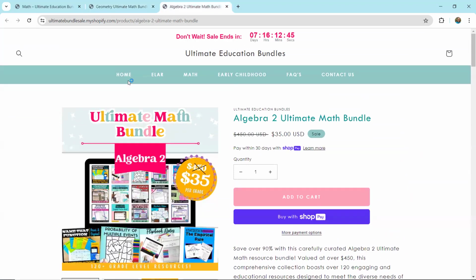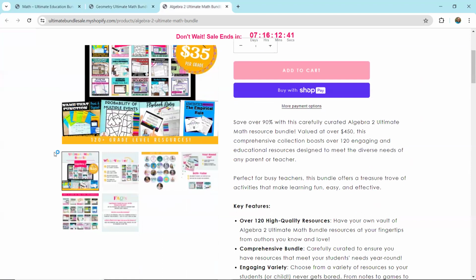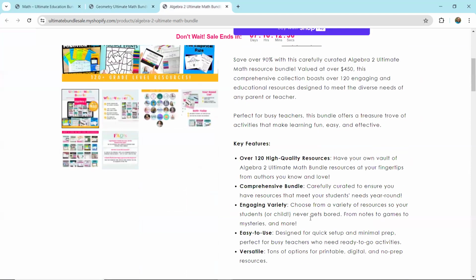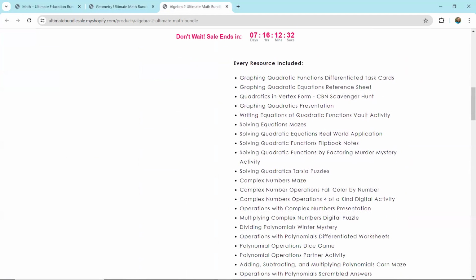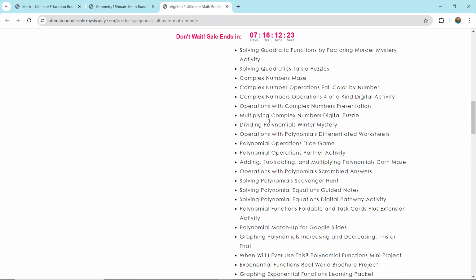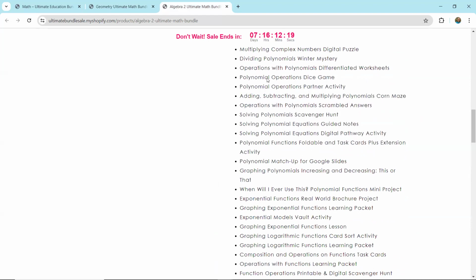That's a deal. All right, $35 also for the Algebra 2 one, but this one has over 120 resources. So that's cool too, that it has even more than the geometry does. And so graphing quadratic functions, solving quadratics, complex numbers, operations with polynomials, corn maze.